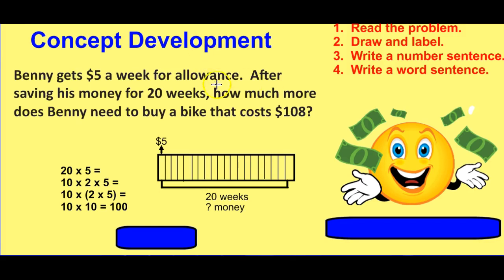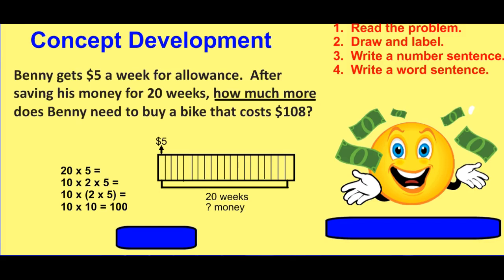And I want you to notice these words right here, how much more. Very similar to how many more. And we always said that whenever we saw those three words that we would think of subtraction. So we're going to be writing down a subtraction equation, 108 minus 100.